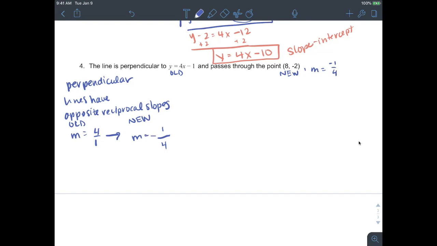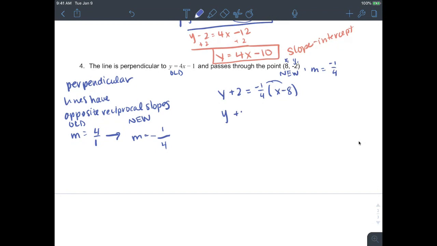I'm going to write this in point slope. Y minus, this is x1, y1, minus negative 2, so it becomes plus 2, times -1/4 times x minus 8. Distribute.